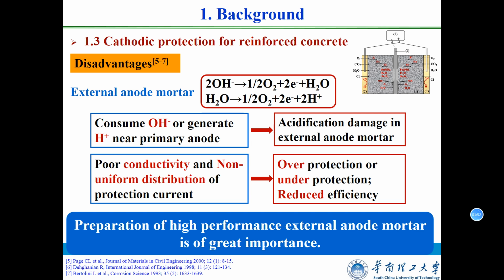Further, the conductivity of the external mortar is poor. The acidification will further cause non-uniform distribution of the conductivity, leading to over or under protection and reduced protection efficiency. Therefore, improving the acidification resistance of the external anode mortar is of great importance.